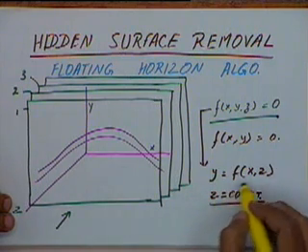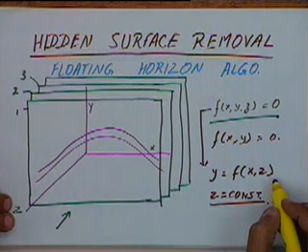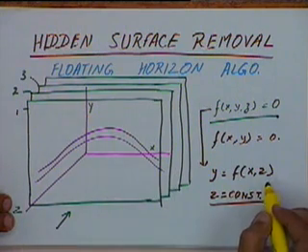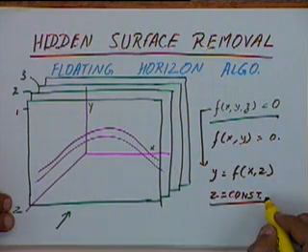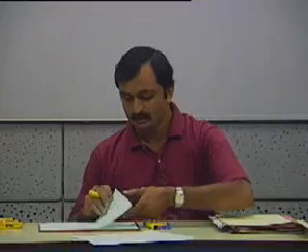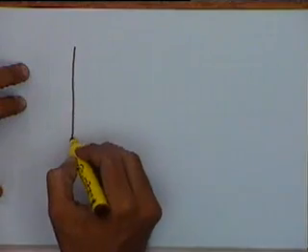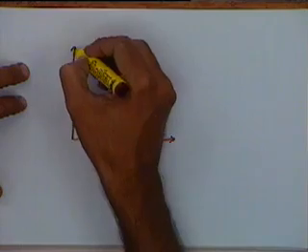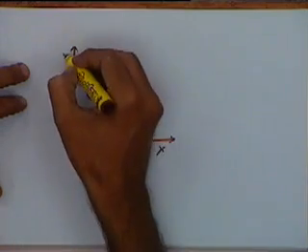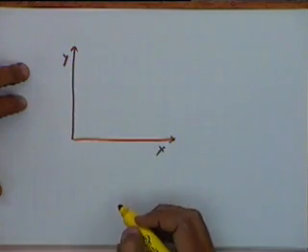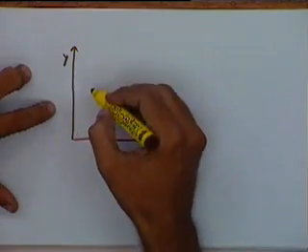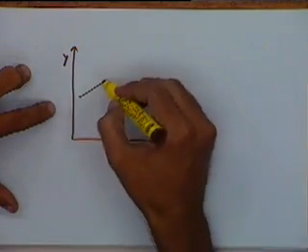Often what happens is surfaces are not represented in a mathematical form, but they are represented by interpolation. That means if you look at this xy plane, then earlier I was taking my curve to be a smooth curve like this.